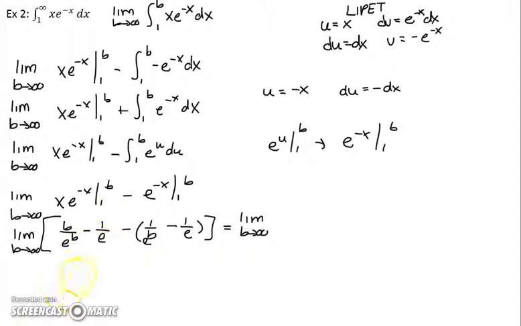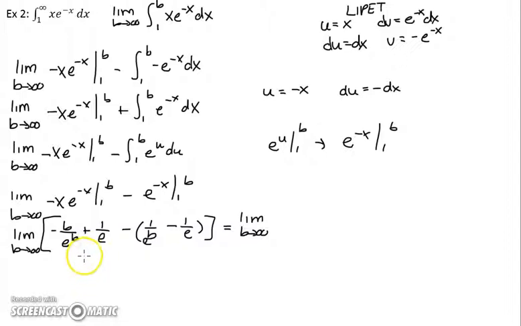I just realized I made a mistake all the way at the beginning, but it's an easy fix. When we have uv, v was negative e to the negative x. So all of these things become negative, which means this b over e to the b is going to be negative, and this 1 over e is going to be positive.